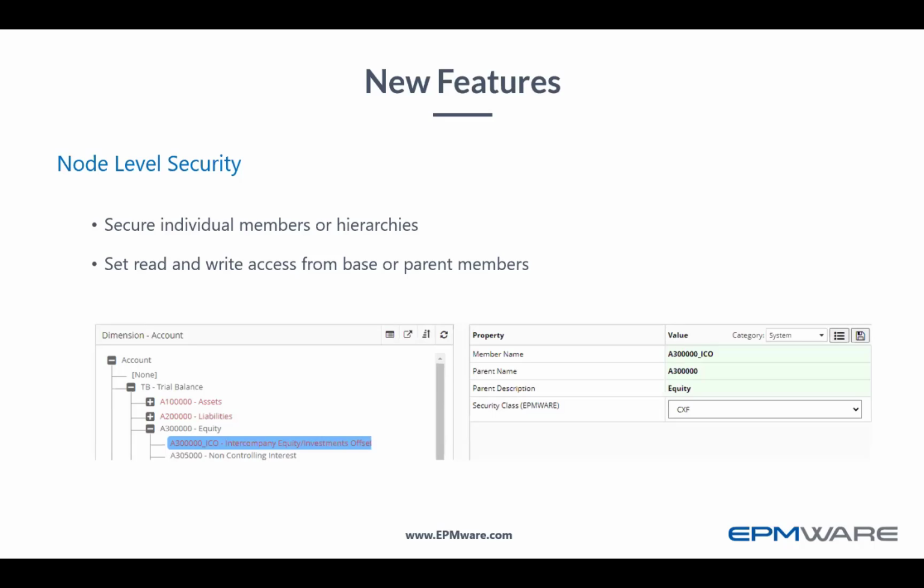And I think one use case that we're working on right now is we have a series of EPM applications that are using this node level security within a specific set of workflows. And that workflow is actually driving which level of the hierarchy it allows users to make changes to. And so what we've done is, using this node level security, we've also created another subset of applications, ERP applications, that are also residing within the same EPMware instance.